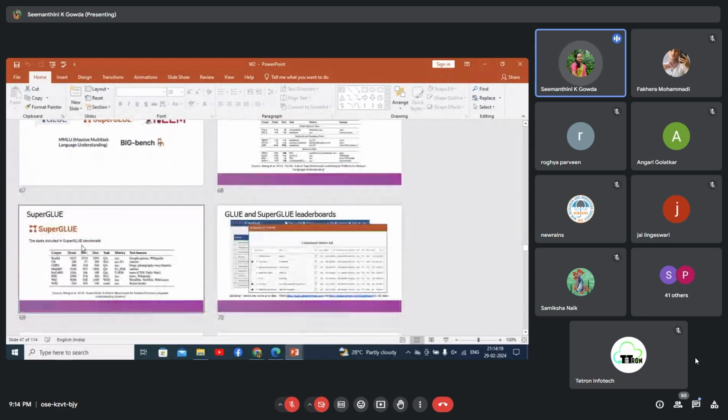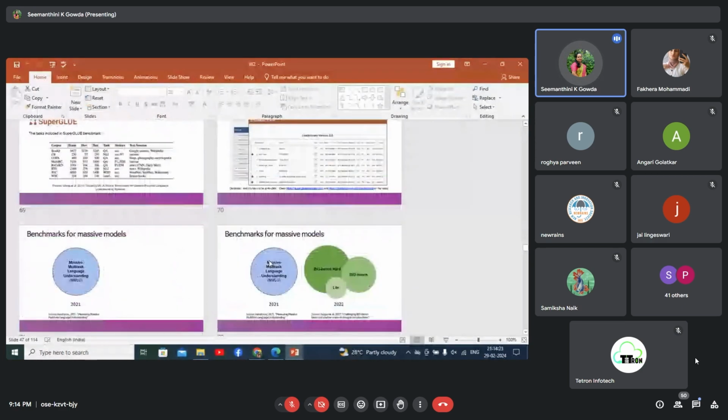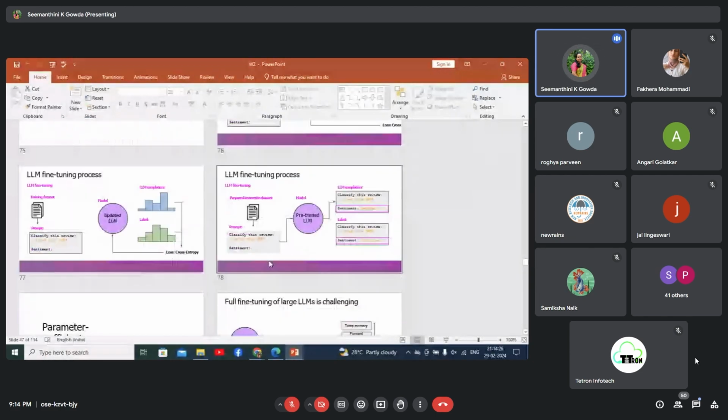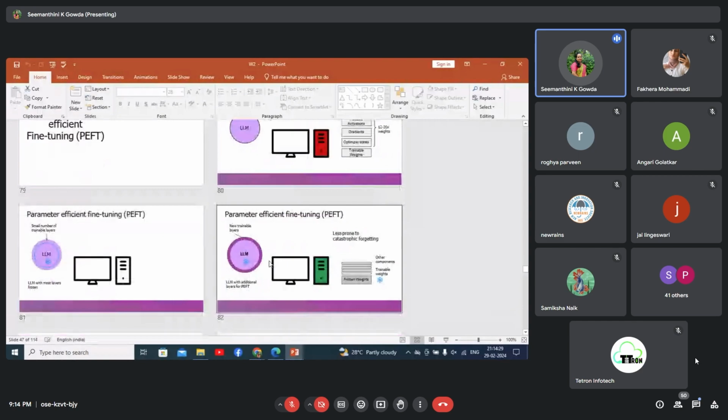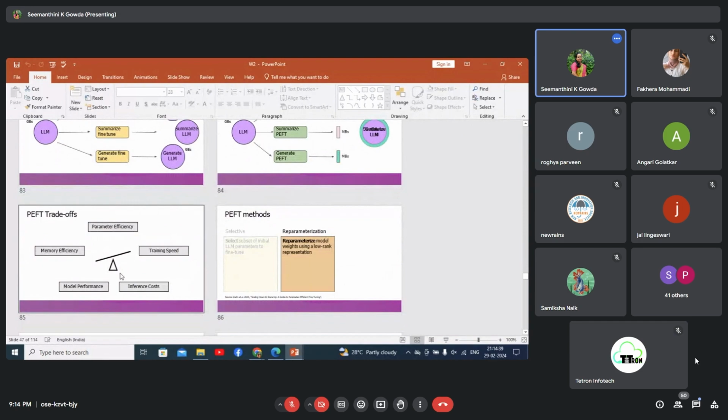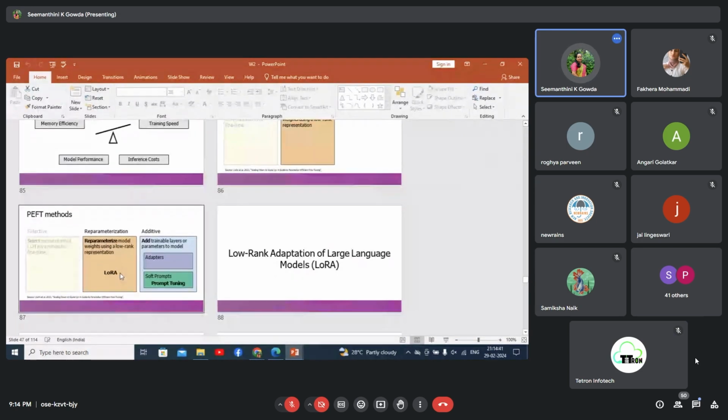And for the benchmarks, we have 4 to 5 benchmarks. Based on the benchmark values, we are going to record and display them. And PEFT, as I said, we are going to fine-tune based on human feedback and also using the concept of catastrophic forgetting. Here you can observe this is how we are fine-tuning the given model based on efficiency.